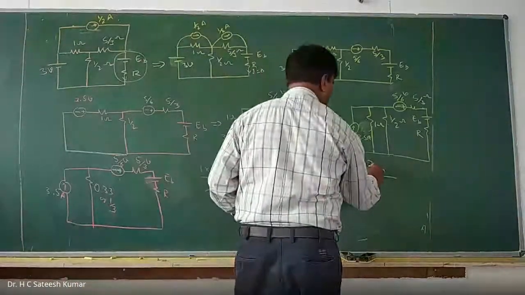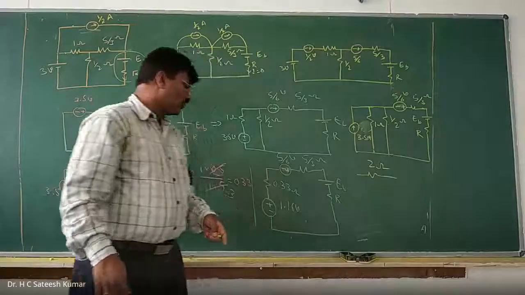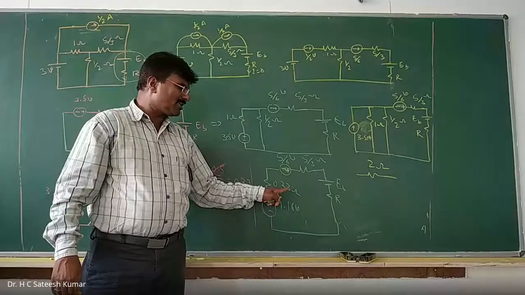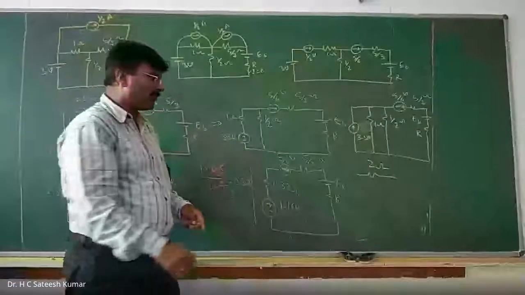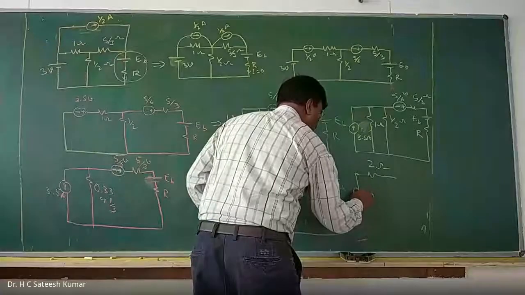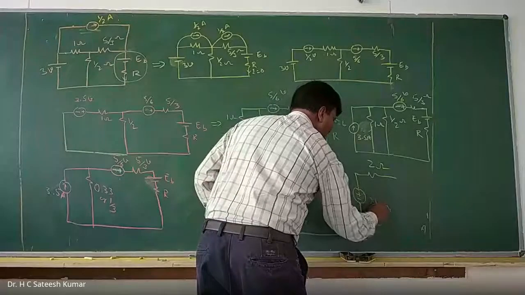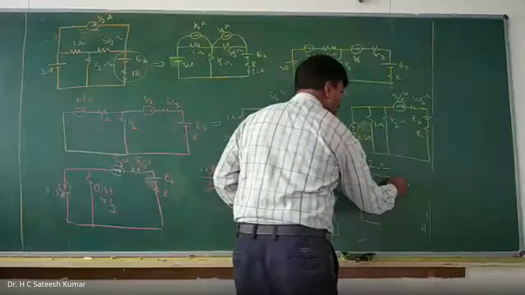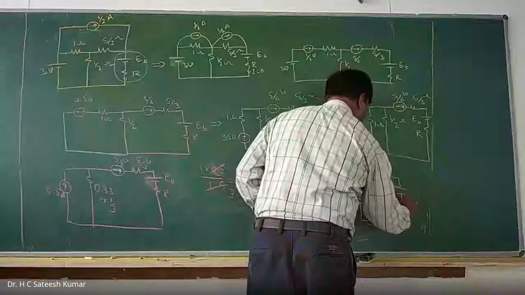Or you can do it in a calculator. Next, 1.16 plus 5 by 6 is 1.99, approximately 2 volts. So you will get plus minus 2 volts.